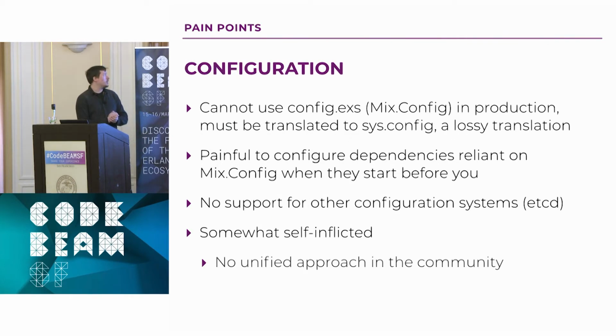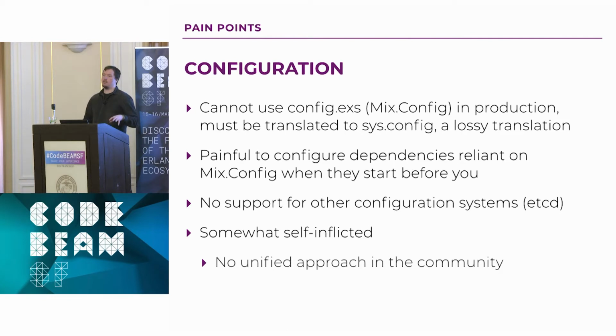Configuration is obviously, like I was saying, one of the big pain points. The reason why it's a big pain point is that config.exs is a dynamic config file. It sort of mushes together compile time and runtime configuration, so you can call functions to fetch values from the operating system environment, or call functions to transform whatever, read data in from various files, that kind of thing.